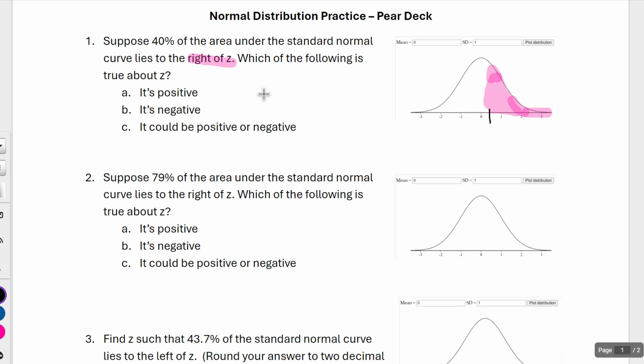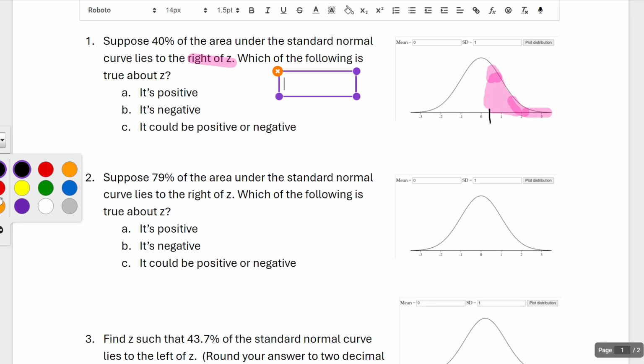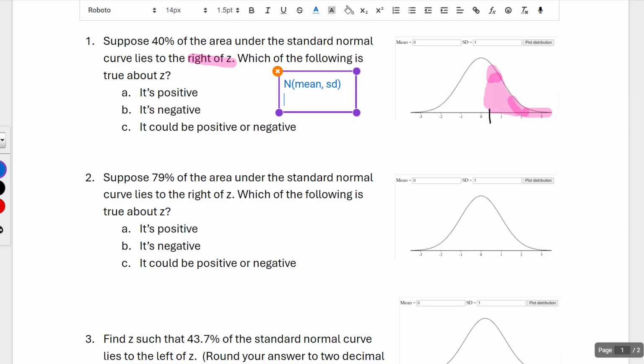So one important thing, when we're doing a normal distribution with Z, Z is a standardized score. So this is how we write normal distribution models, mean and standard deviation. For Z, we use N(0, 1).